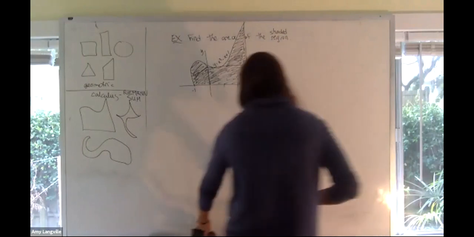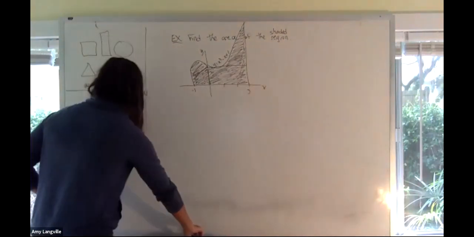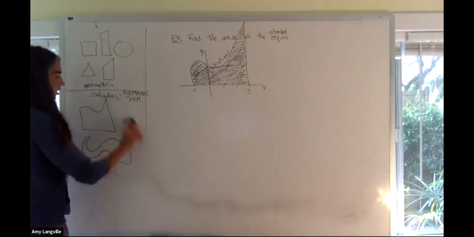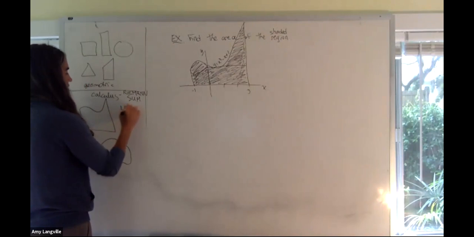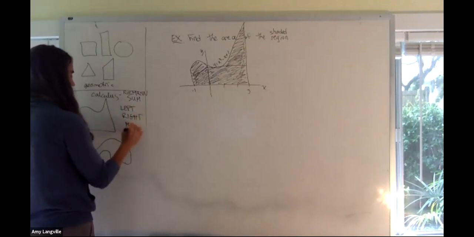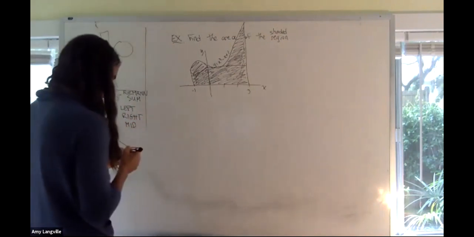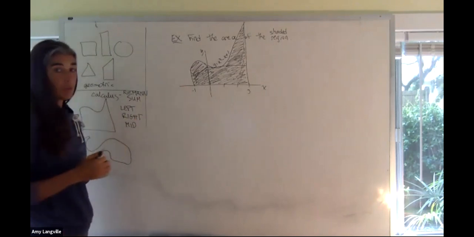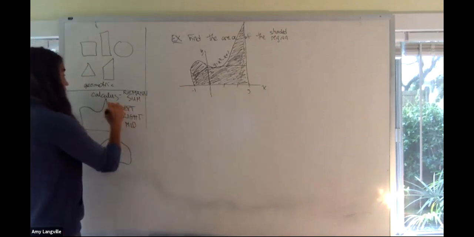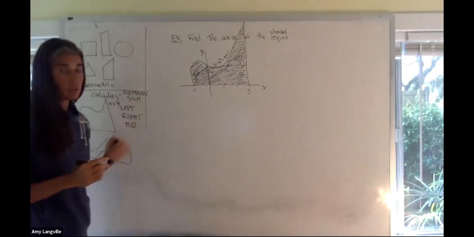And we're going to have different types of Riemann sums we're going to compute. The main 3 that we're going to look at are the left, right, and mid rules. So I'm going to do these all for this example with n equals 4 rectangles. I'm going to do this 3 different ways.